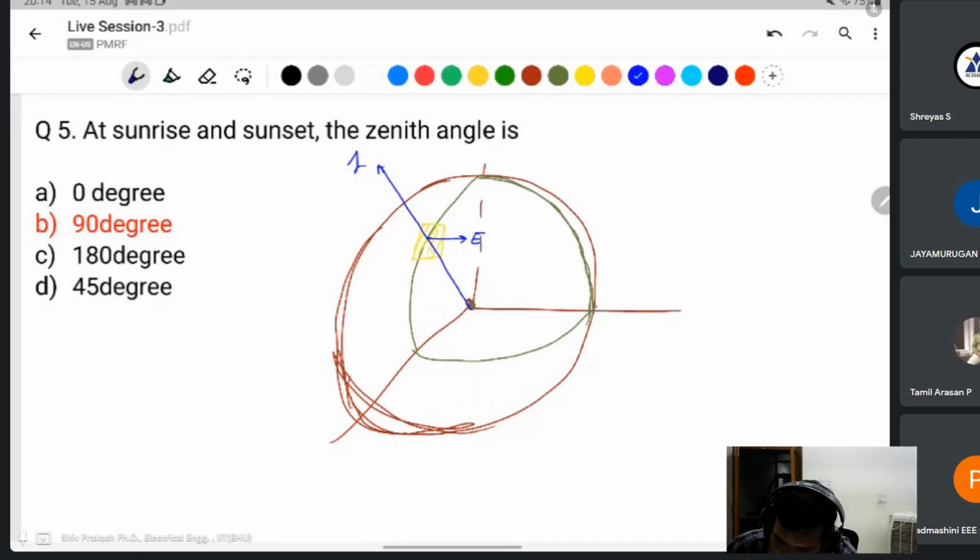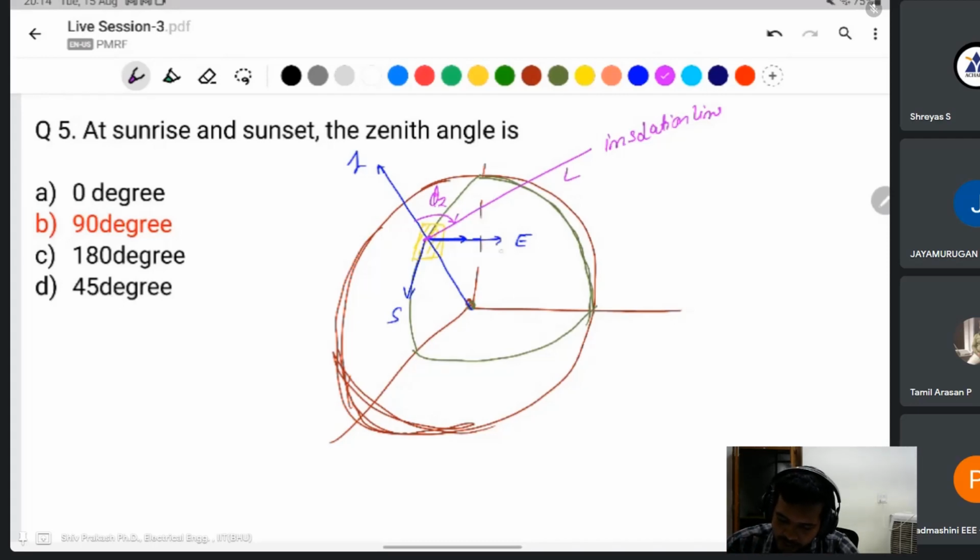This will be east, this will be the south axis. The insulation line. The angle from the zenith axis to the insulation line is known as the zenith angle.